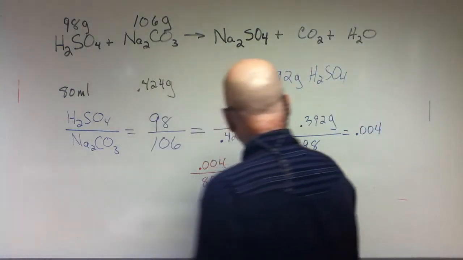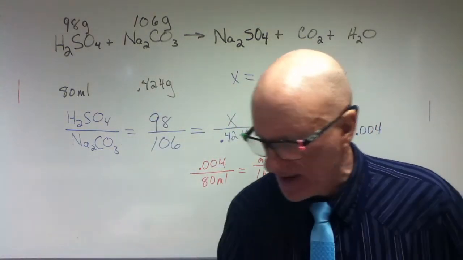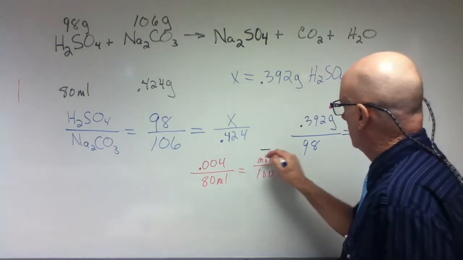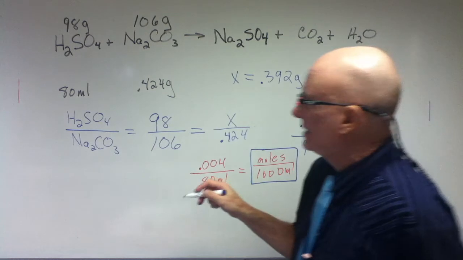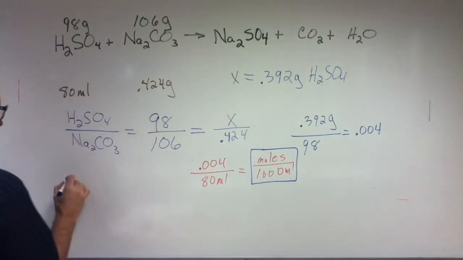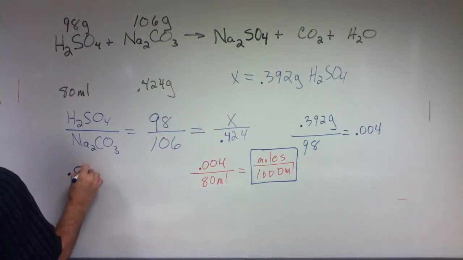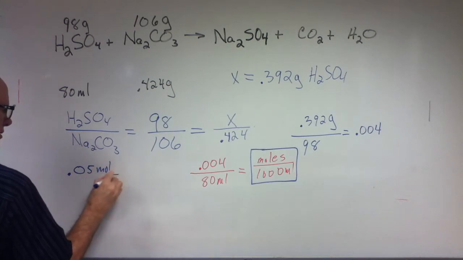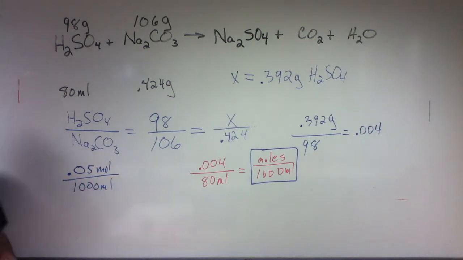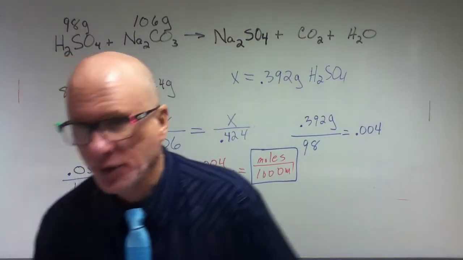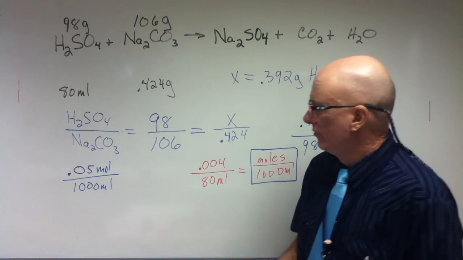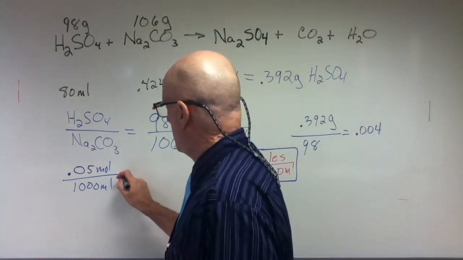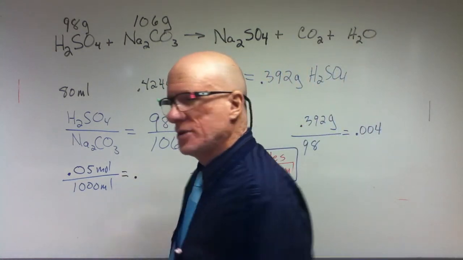So this value here is going to turn into 0.05 over 1,000 milliliters. So what's that called? What's the molarity? Which is equal to, what's the molarity?